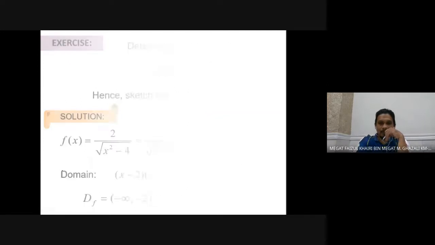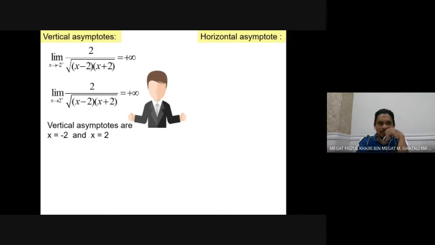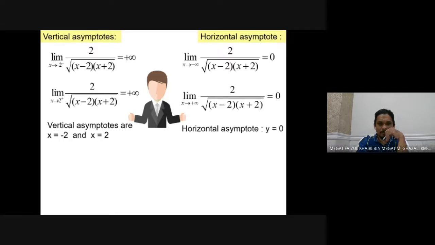Okay, then for vertical and horizontal asymptote, just now we agreed that it is from -2 and 2, greater than and less than.